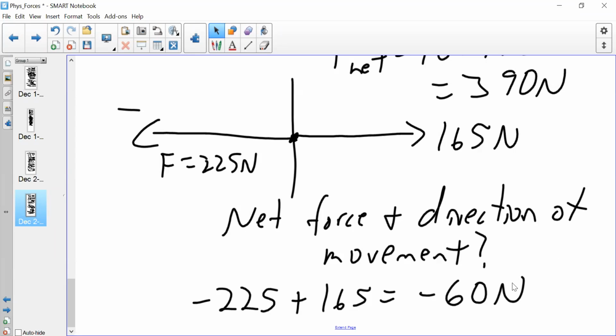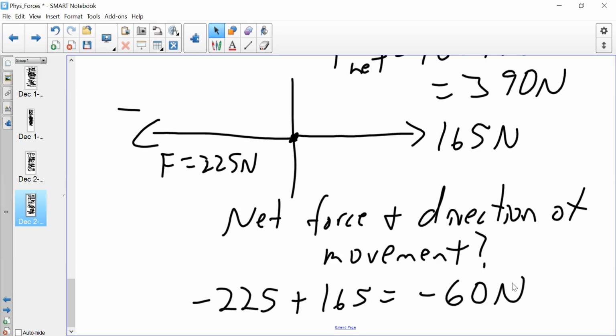Subtraction. It's trivial for odd reasons. Negative 60 newtons. So the net force is 60 newtons to the left or to the west. So the object moves west or left. Remember that the direction of the net force is where the object's going to go. So it's going to be pulled more to the left than the right.